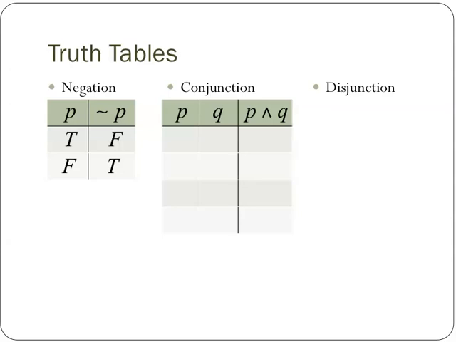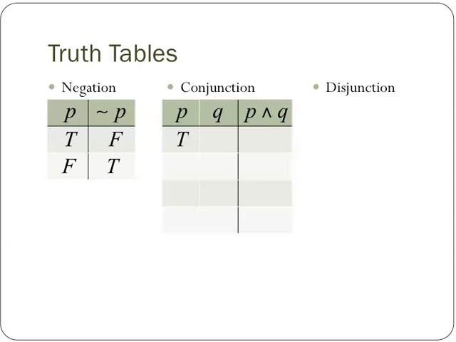The reason is because we have to come up with all the different combinations of whether P is true and Q is false, or P is false, Q is true, or they're both true, or they're both false. So we have to come up with all four of those possibilities and what that makes P and Q, the compound statement.